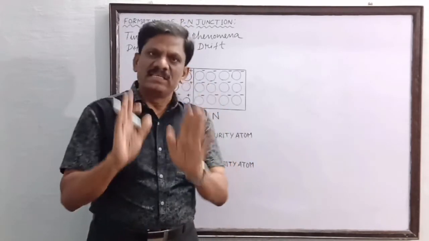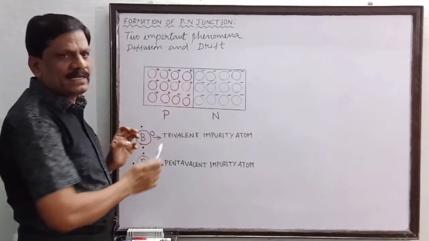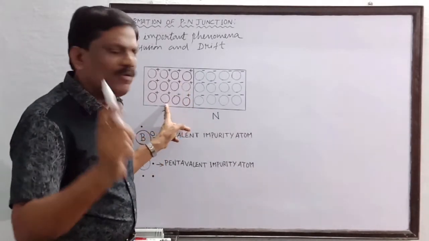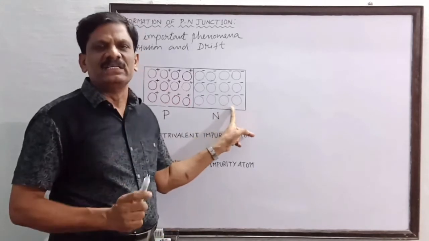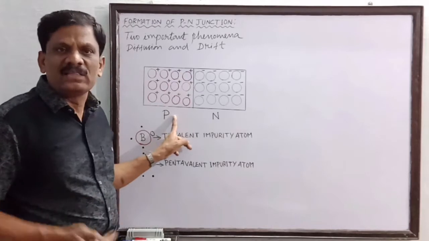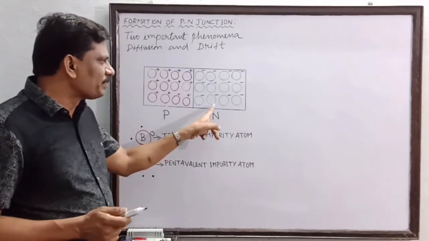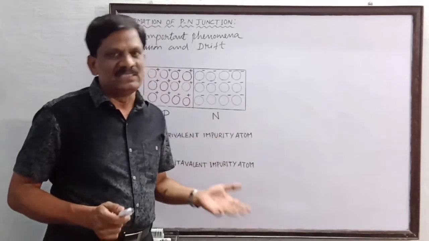Now, just let us compare. If you compare the number of holes in the P region with the number of holes in the N region, the concentration of holes will be more on the P side of the junction. Understand? Than the number of holes present on the N side of the junction.